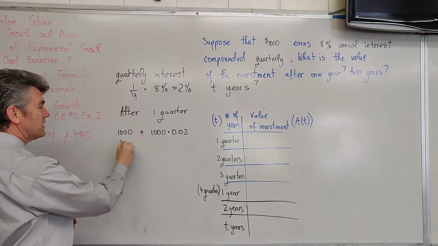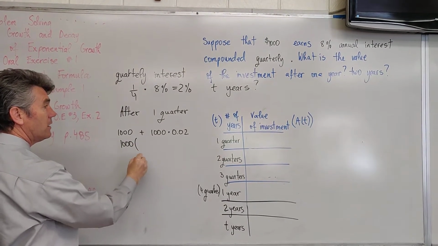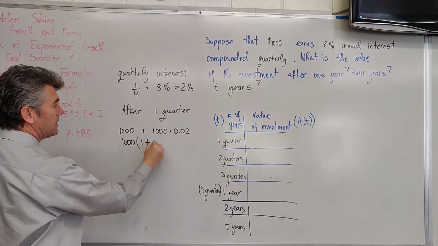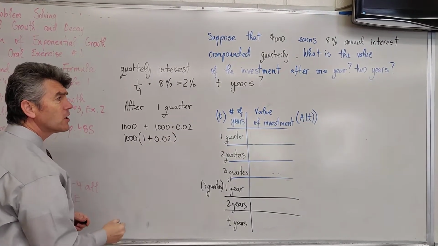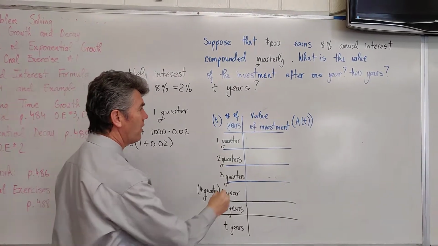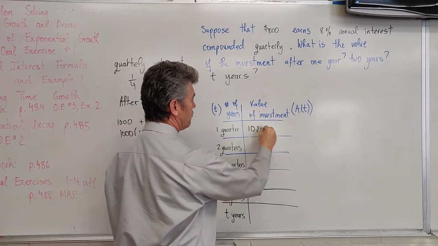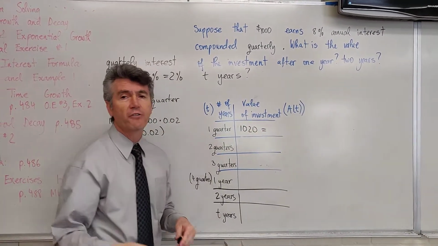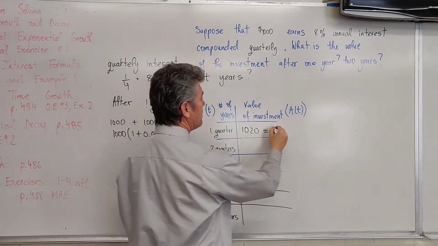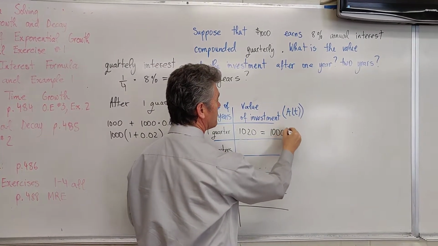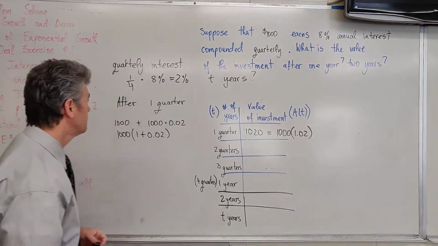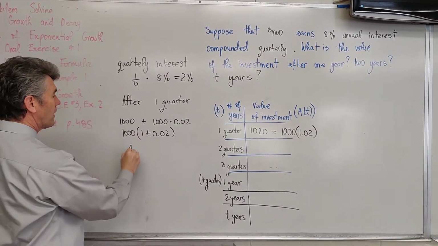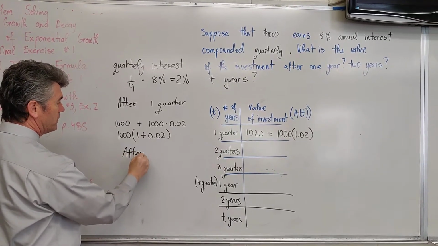Factor out the 1,000, this is 1,000 times 1 plus 0.02. And so this is $1,020, which is irrelevant. Just like last time, the important thing is that this is 1,000 times 1.02.